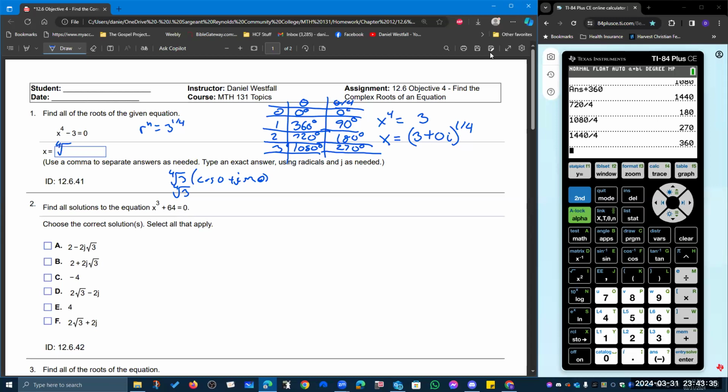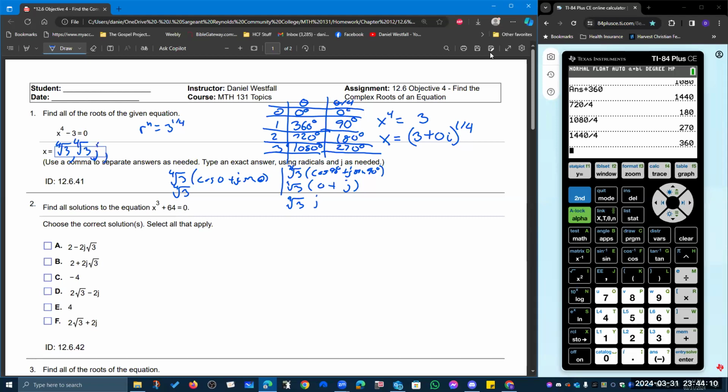Then we have the fourth root of 3 times cosine of 90 plus j sine of 90, which is the fourth root of 3 times 0 plus 1j, so the fourth root of 3j.